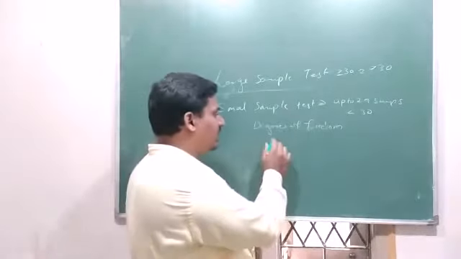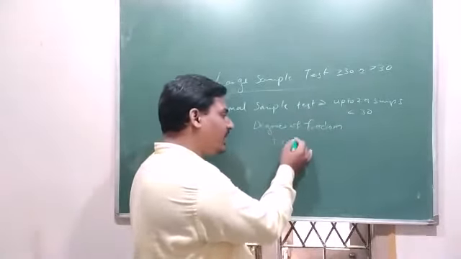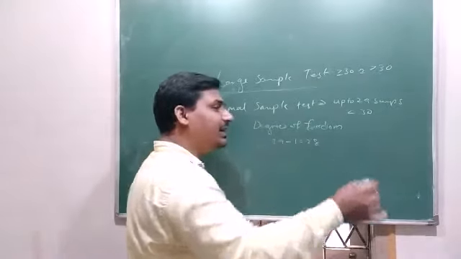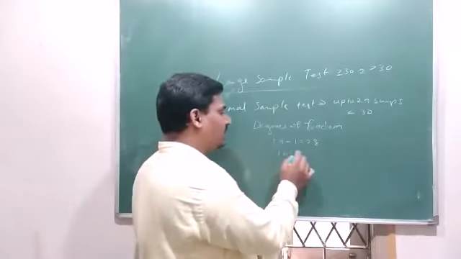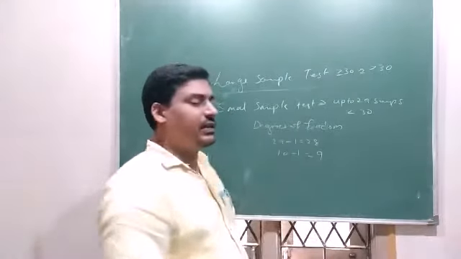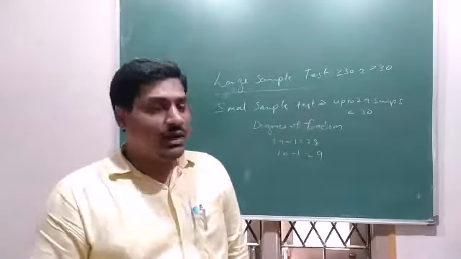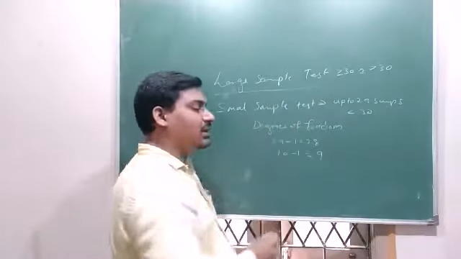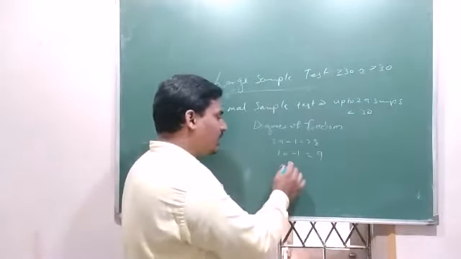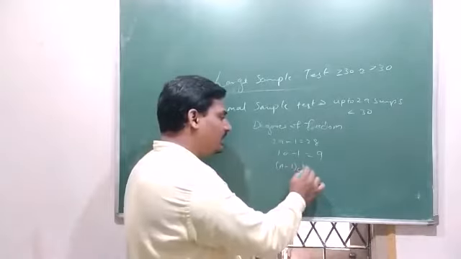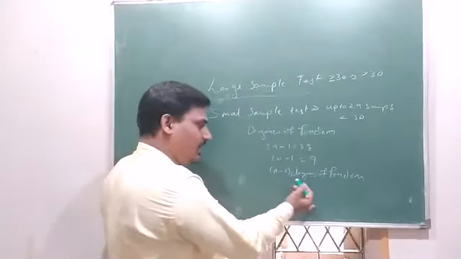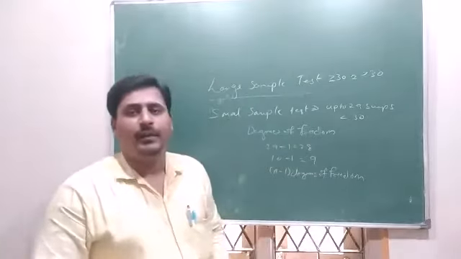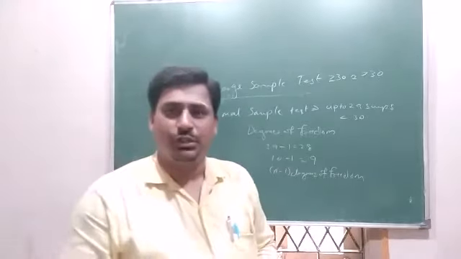If n is 29, then 29 minus 1 is 28 degrees of freedom. If the sample size is 10, 10 minus 1 is 9 degrees of freedom. So we always write n minus 1 degrees of freedom in front of the t distribution.